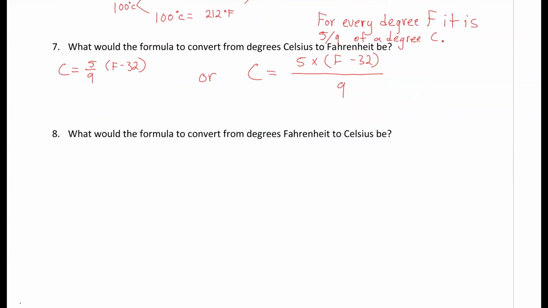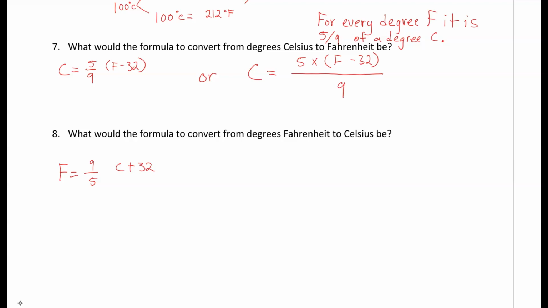Though, when we're looking at going from Celsius into Fahrenheit, we have to use a different formula. And this formula is going to be F equals 9 over 5. So we're reversing the fraction, or we're flipping the fraction. And then we have C plus 32. So we're doing the opposite. Instead of subtracting 32, we're adding 32.